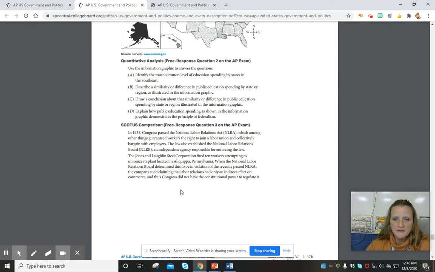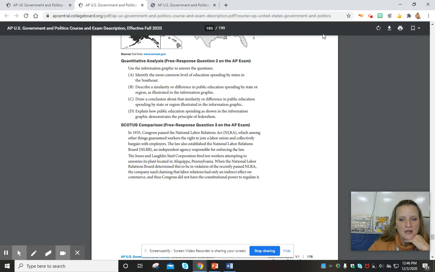A SCOTUS comparison. Here we go. It says in 1935, Congress passed the National Labor Relations Act, which among other things guaranteed workers the right to join a labor union and collectively bargain with employers. It also established the National Labor Relations Board, an independent agency responsible for enforcing this law.